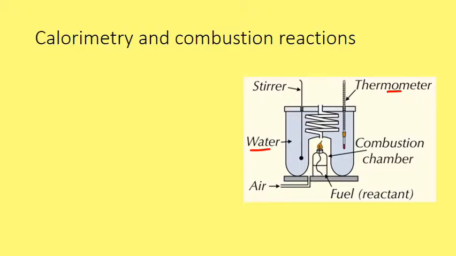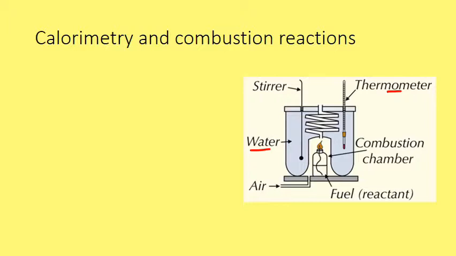And just so that our temperature is correct, we use a stirrer to stir the water so that we get an average temperature. Okay, so that's a diagram of the apparatus we might use in an industrial setup. It's a bit more advanced than the one we're going to use in the school lab.